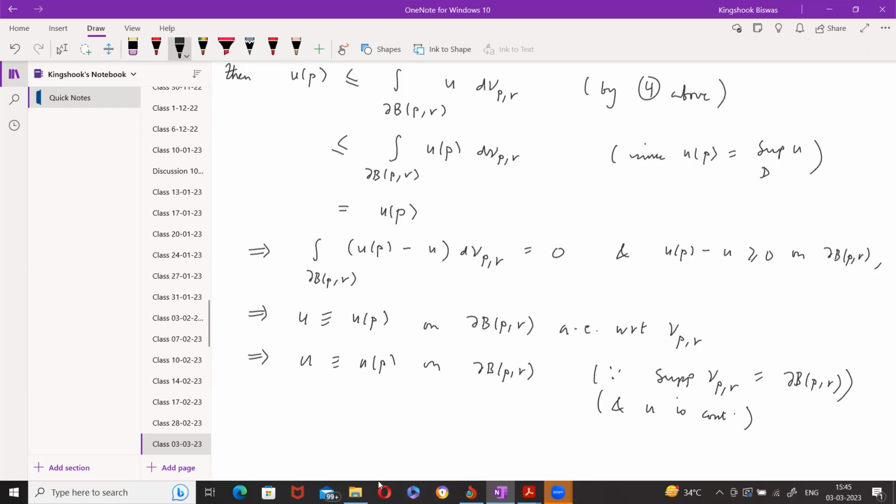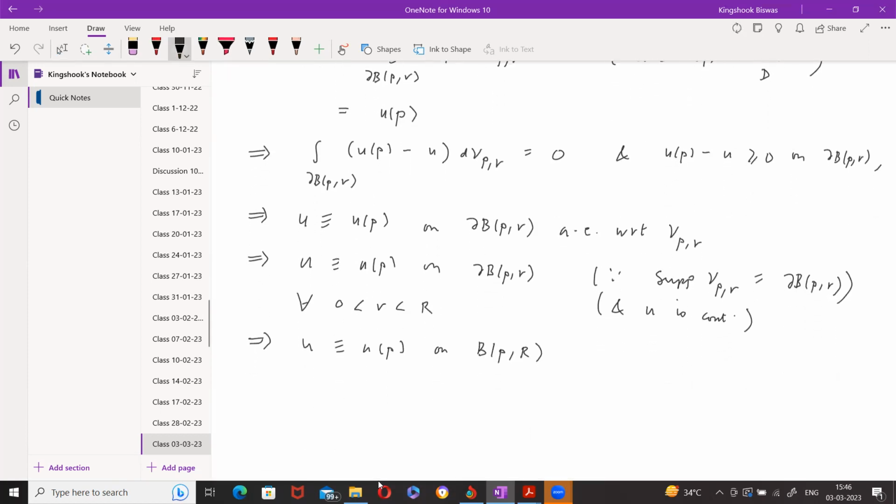And this is true for all r between 0 and capital R: U is equal to U P on each sphere. That implies that U is identically equal to U P on the ball B P R. So therefore, E is open, right?